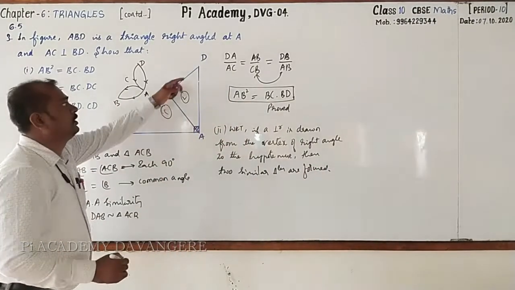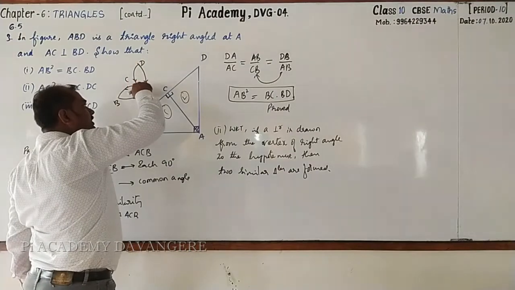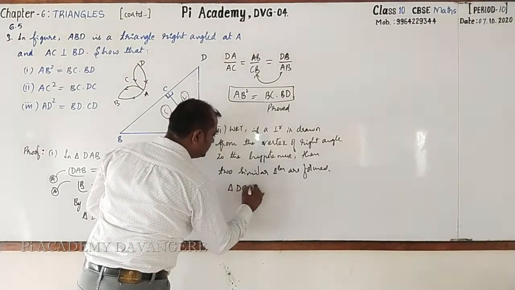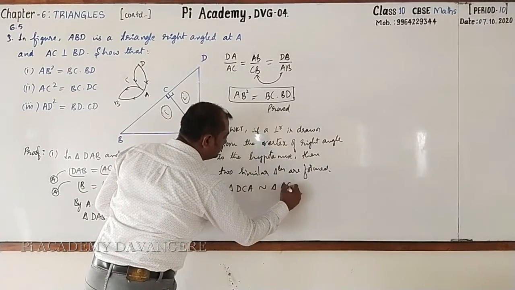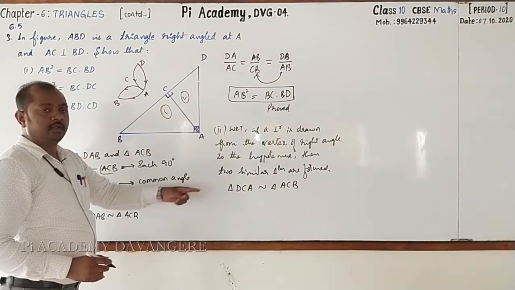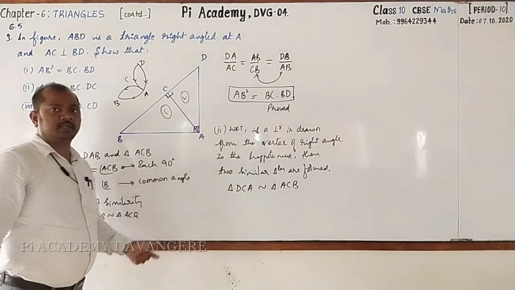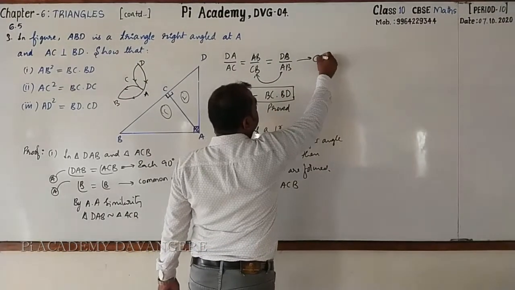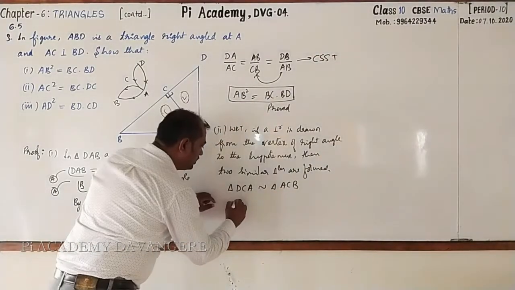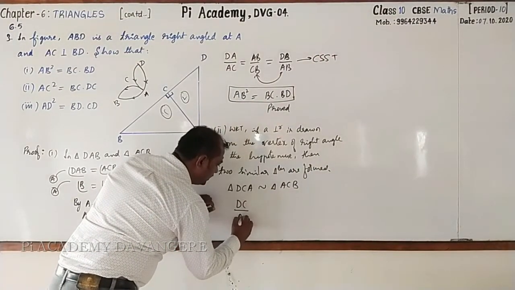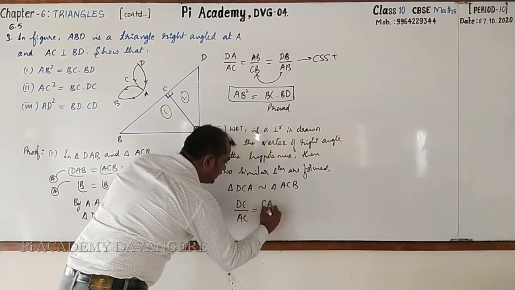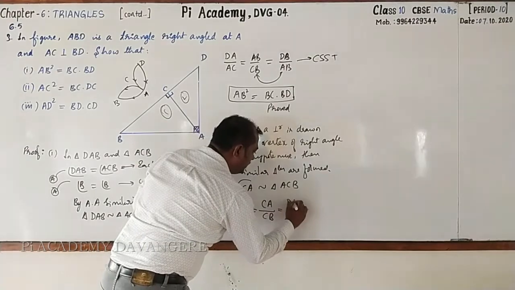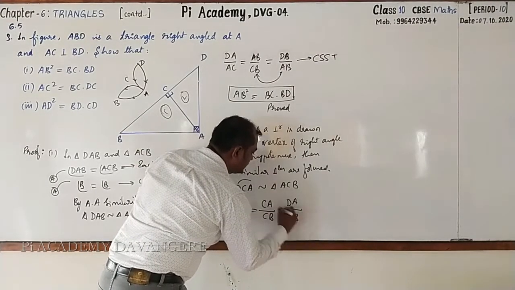What are those? One is DCA and another one is ACB. Triangle DCA is similar to triangle ACB. Then when two triangles are similar, their corresponding sides will be in the same ratio, that is CSST. According to that, we can write DC by AC is equal to CA by CB is equal to DA by AB.